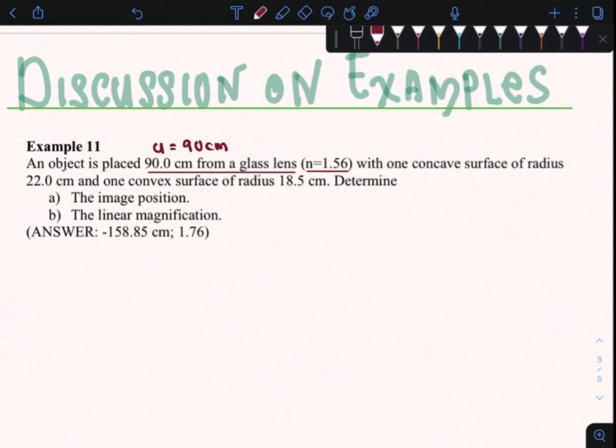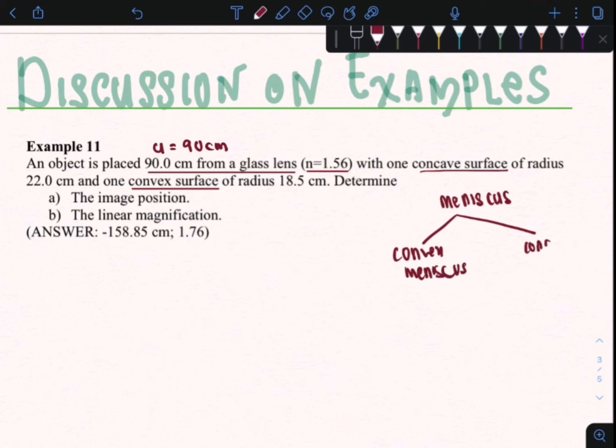Then our lens here has been made up of one concave surface and one convex surface. When we have two different surfaces, concave and convex, we call this a meniscus type. Our lens here is a meniscus type lens, where in meniscus you have two types: one is convex meniscus, and another one is concave meniscus.